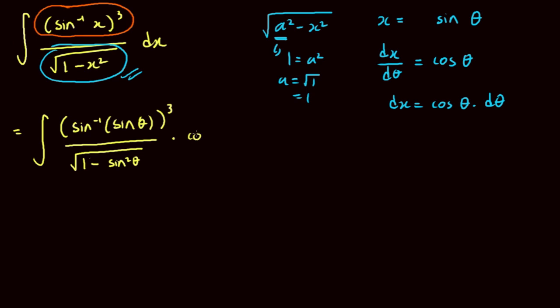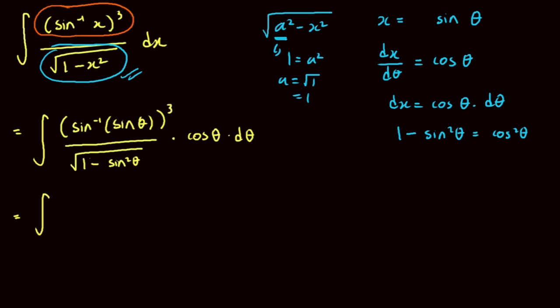And dx is just cosine theta d theta. Oh, one more thing I forgot to mention is that 1 minus sine squared theta, we know the identity, is just cosine squared theta. So don't forget the trigonometric identity.